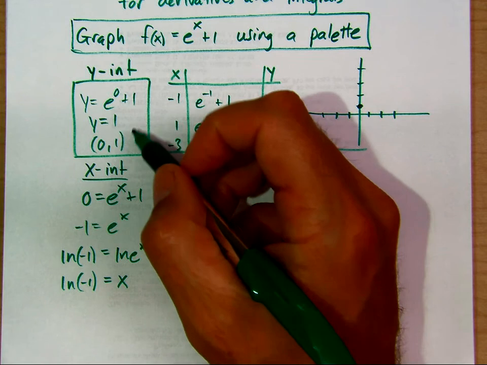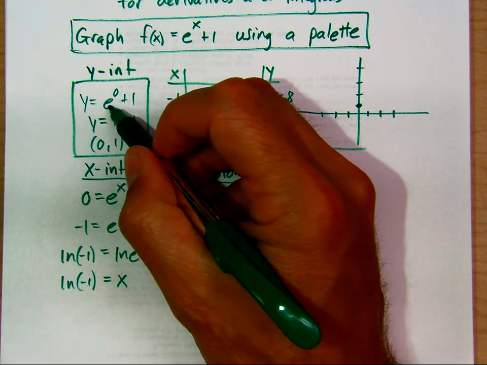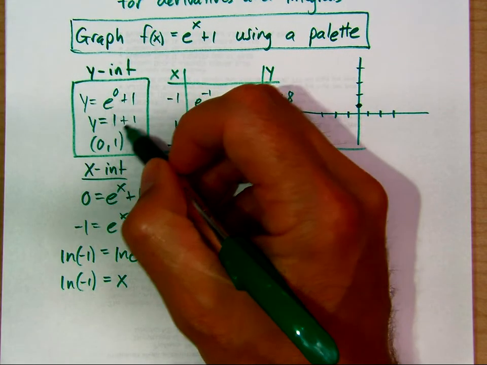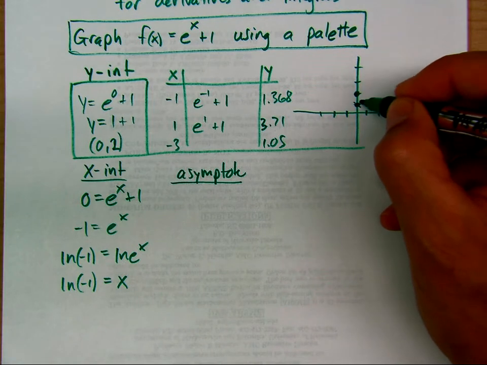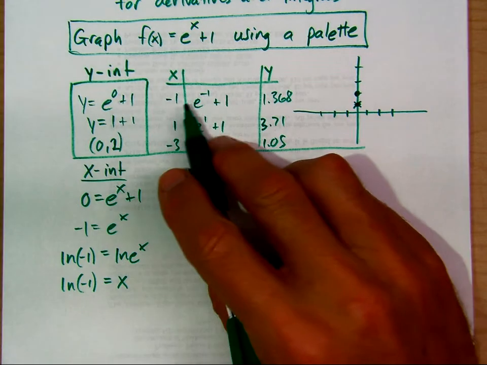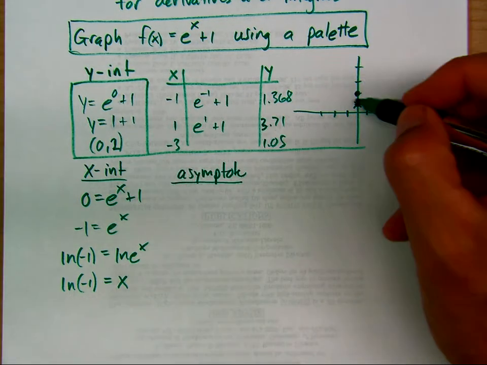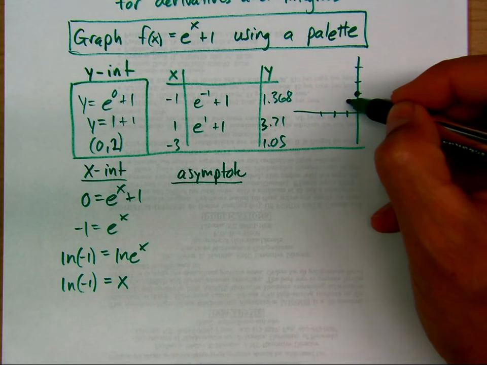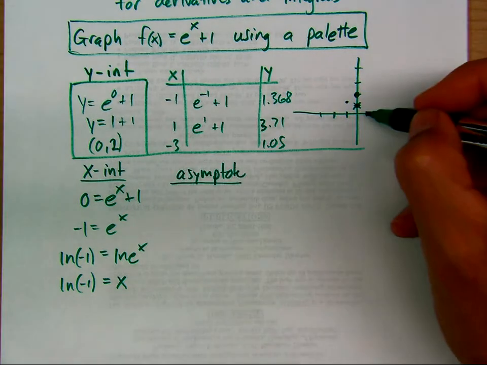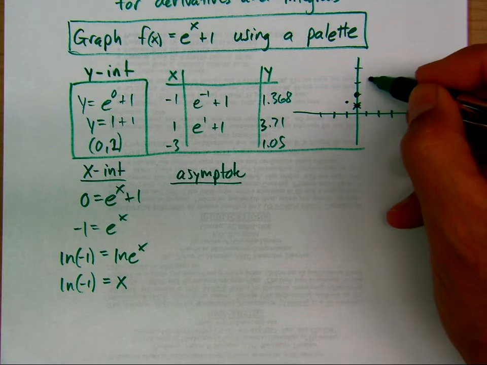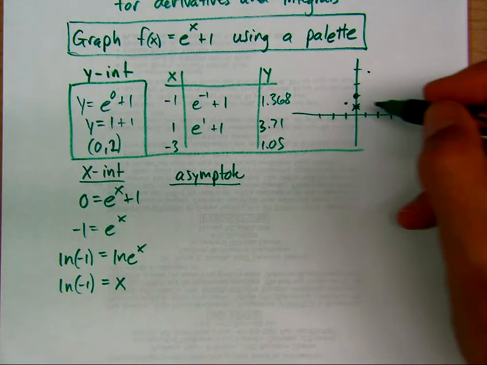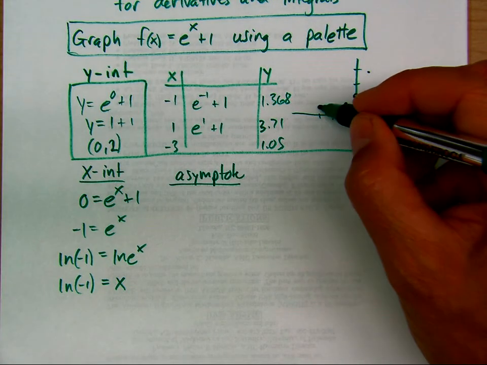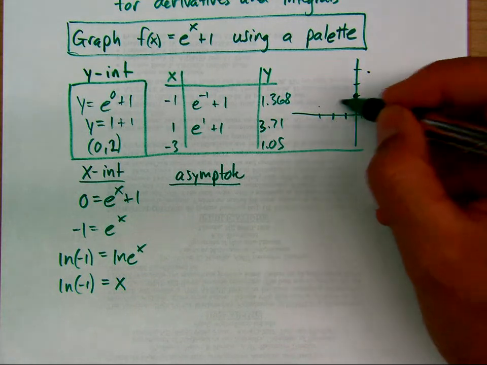Let's go back here. This is e to the 0 is 1, 1 plus 1 is 2, so that's at 2, not at 1. We don't have that point. Negative 1, we go up 1.3, and 1, we go up 3.7. At negative 3, we go to 1.05.